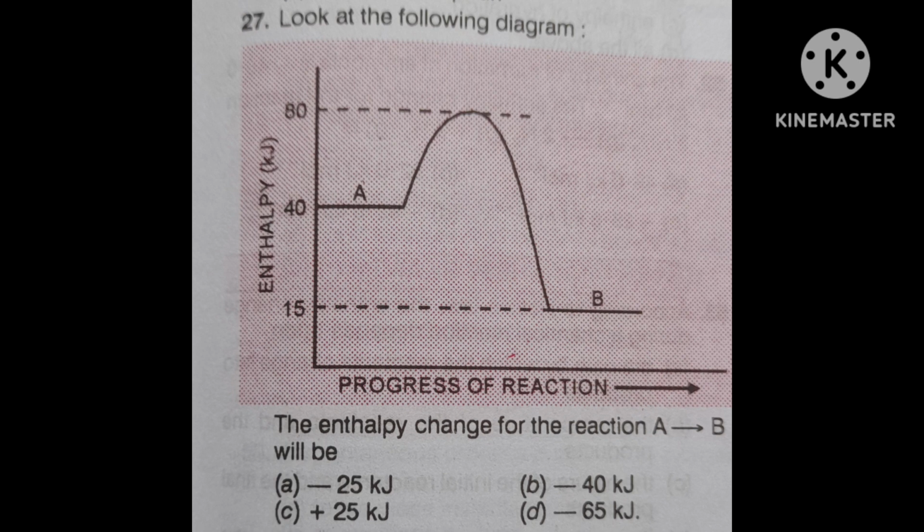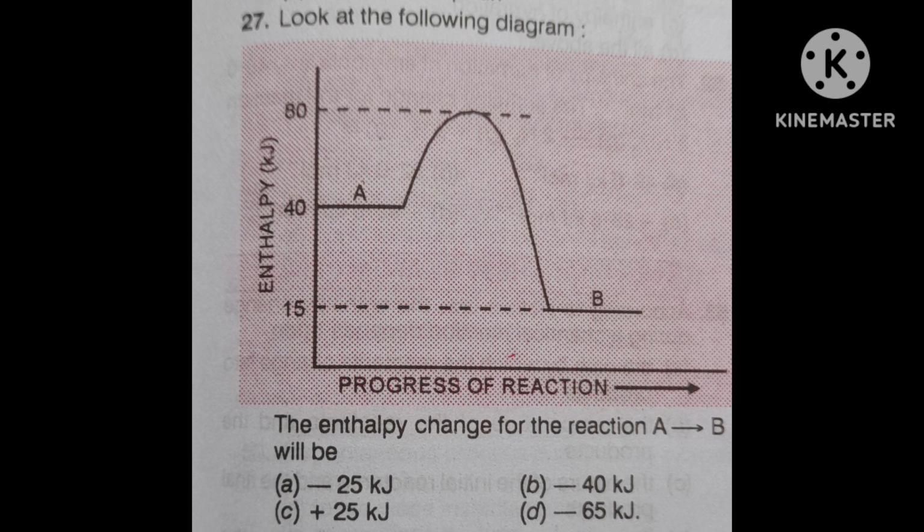And this A to B: the enthalpy of A is 40, actually it started from 15, 40, 80. Then reactant A, its enthalpy is 40. And product is B, its enthalpy is 15. Correct? Means product is less and reactant is more.